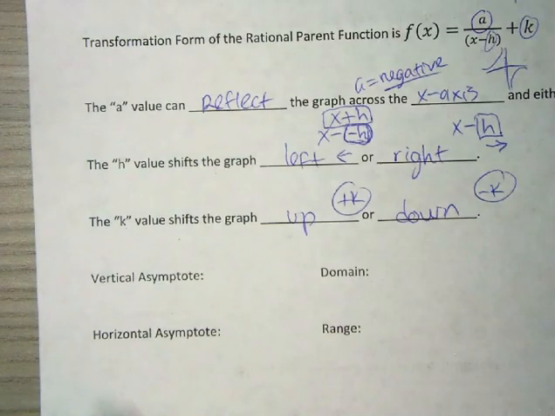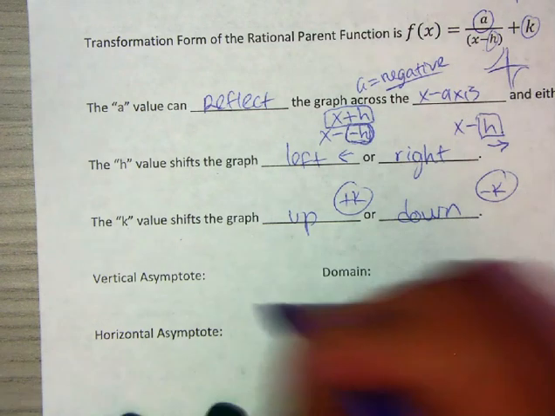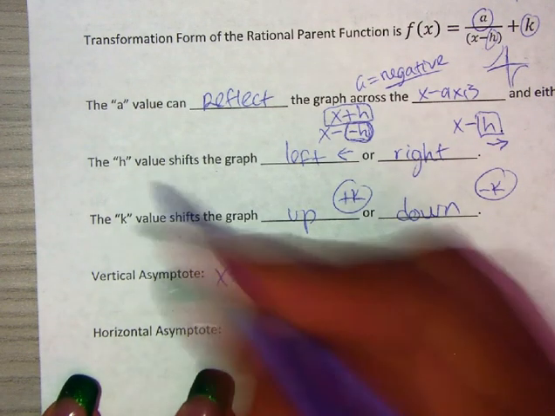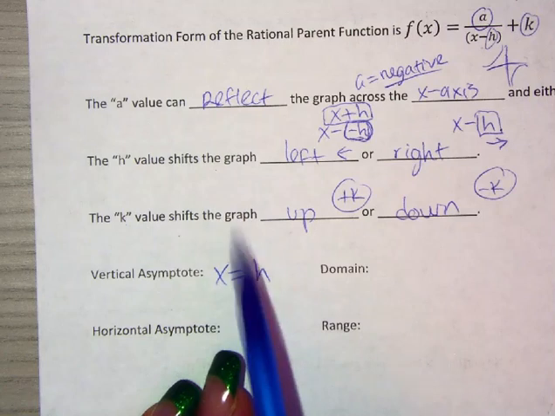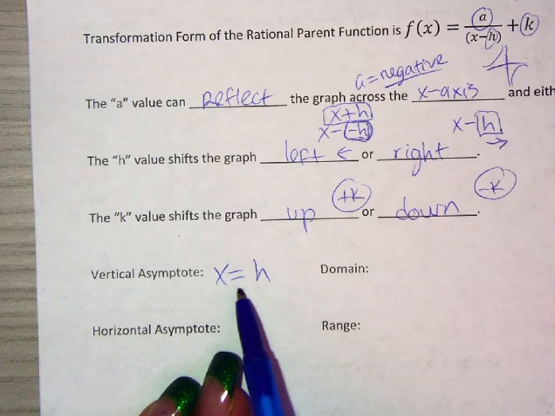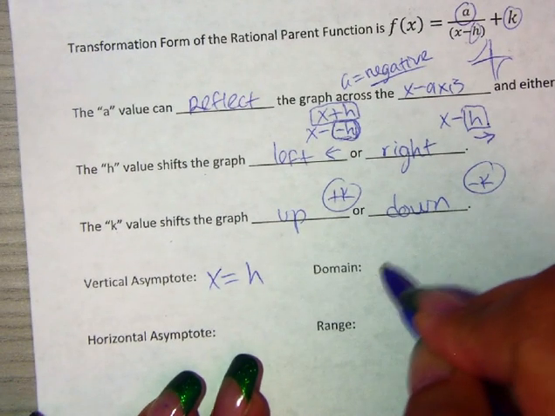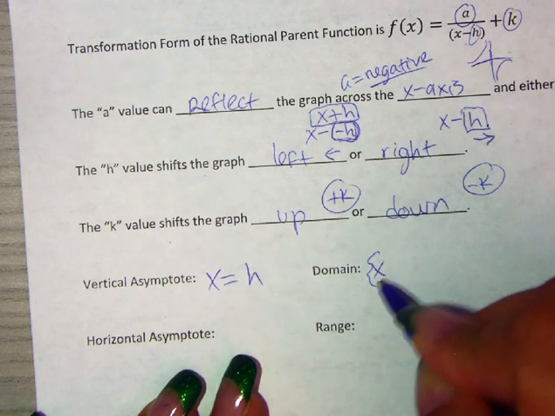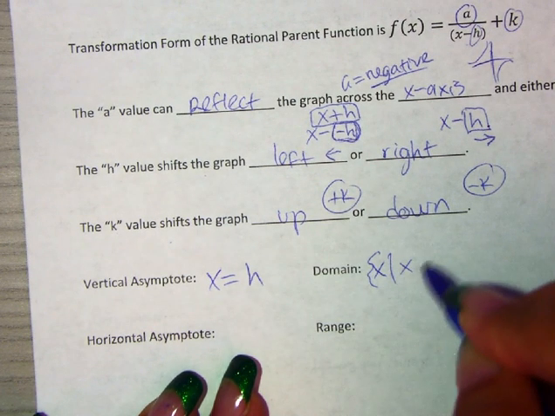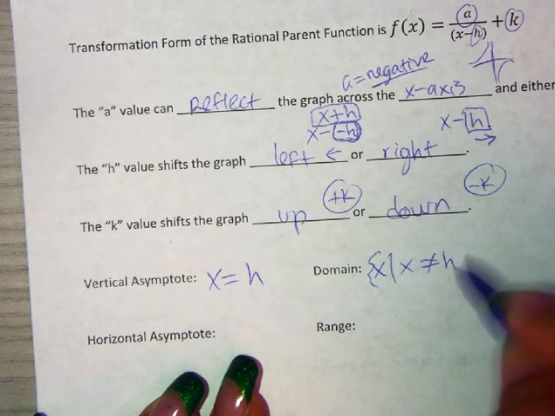So the vertical asymptote is going to be whatever the h value is. If it shifts 3 units, then the asymptote is now x equals 3. The domain is writing the restriction of x: the set of all x values such that x cannot equal whatever the asymptote is, the h value in this case.